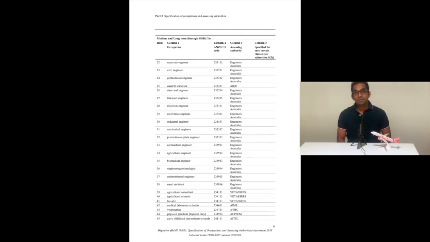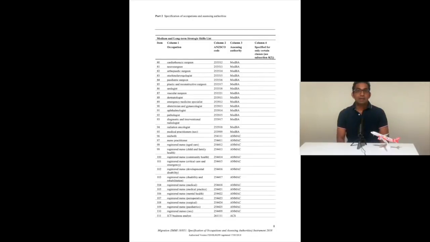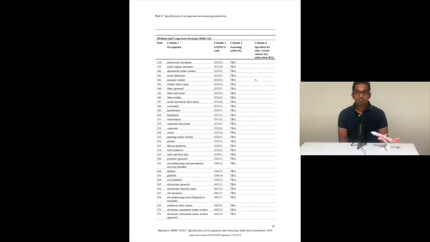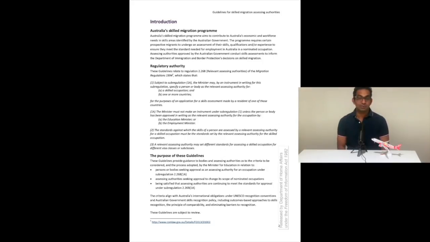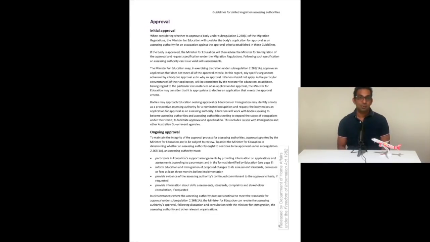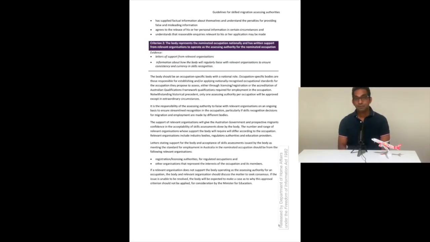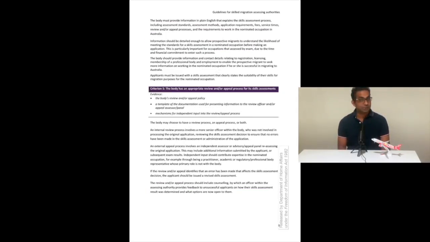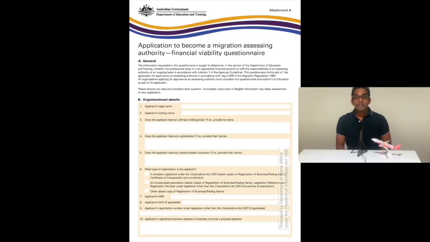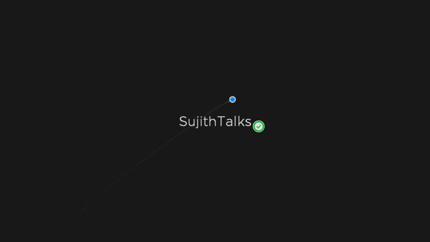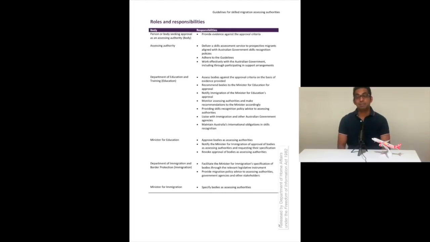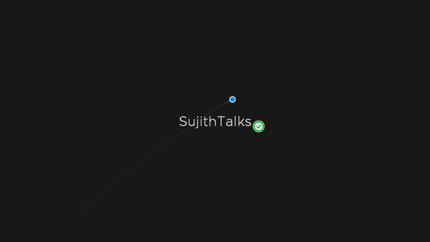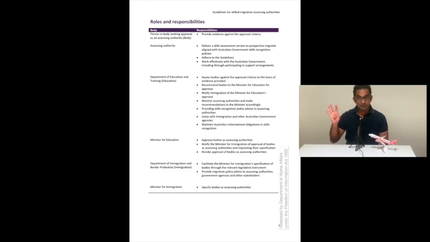Now what interested me when I was reading this document under the Freedom of Information Disclosure Logs, I've put the link to the document or the title of the document in the video description below. It is talking about the guidelines for the skills assessment bodies. There are some guidelines that the skills assessment bodies should follow, and there are 4 departments involved here.